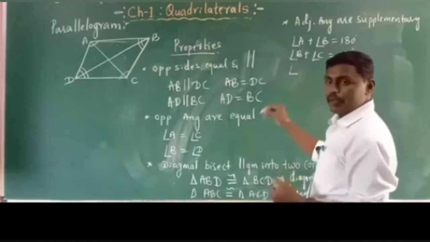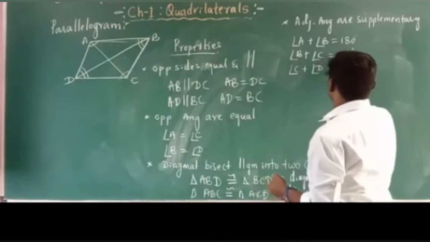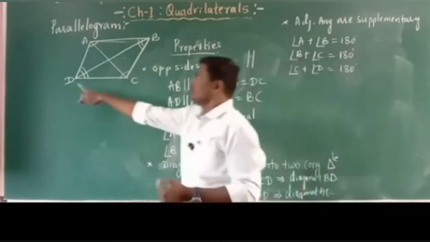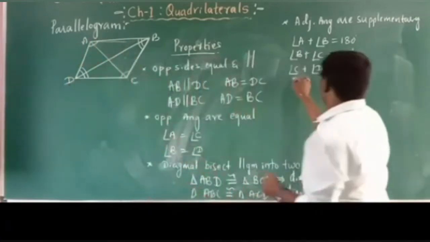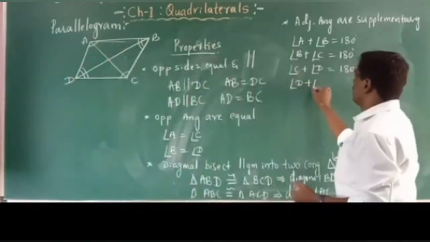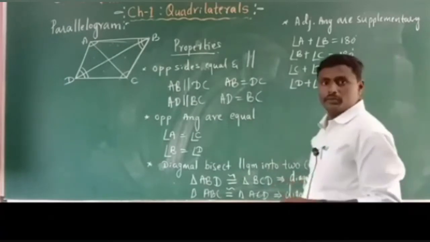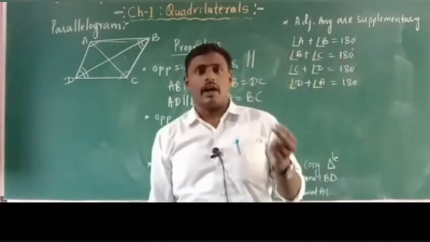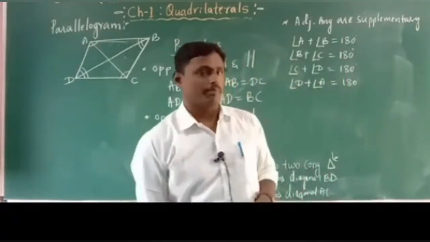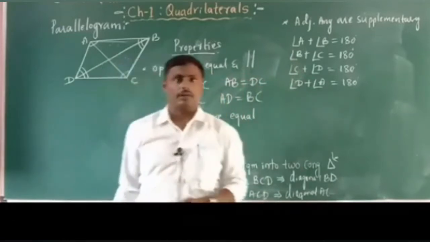Next, third pair, angle C plus angle D is equal to 180 degrees. Next one, angle D plus angle A is also equal to 180 degrees. So any two adjacent angles in the parallelogram are always supplementary. This is the fourth property of the parallelogram.